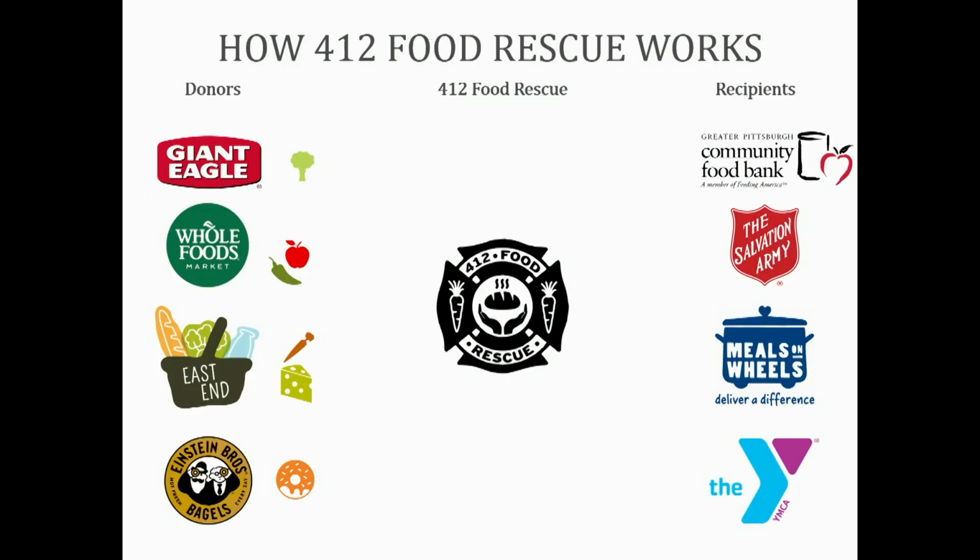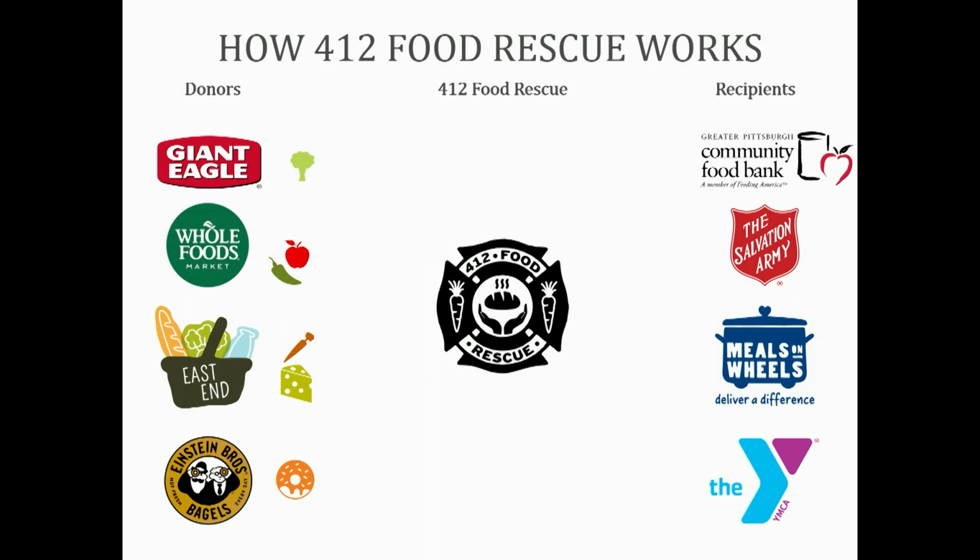So let me tell you about the problem. Let me tell you very quickly how 412 Food Rescue works, or one of the programs they run. On the left side, we have the donors. Giant Eagle is a big supermarket. Whole Foods, East End, Einstein Bagels. These are some of the many that want to donate food. On the right-hand side, we have the recipients. These are organizations, not individuals.